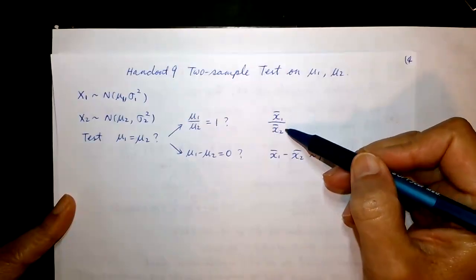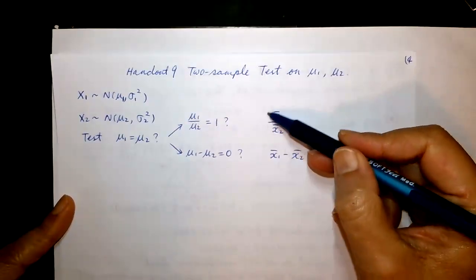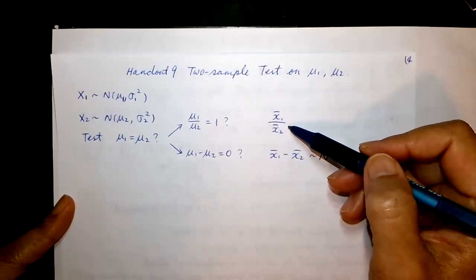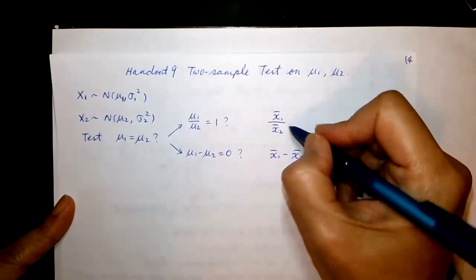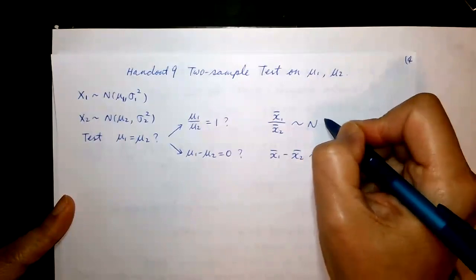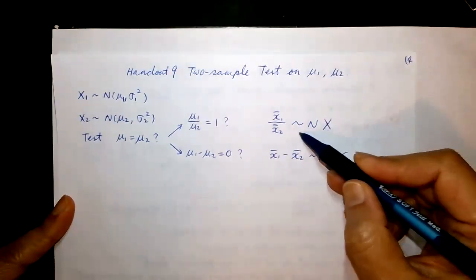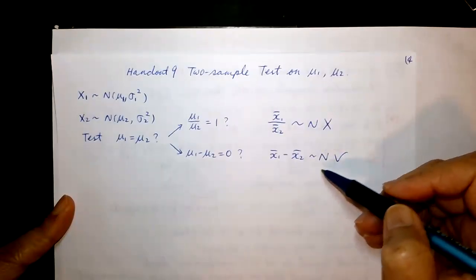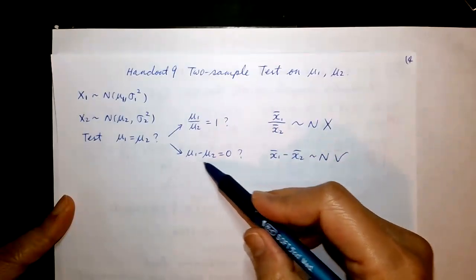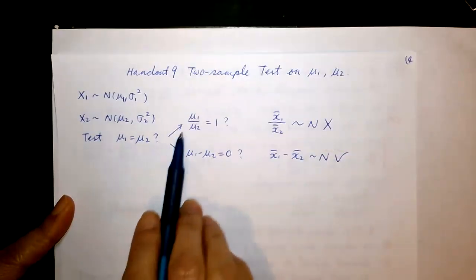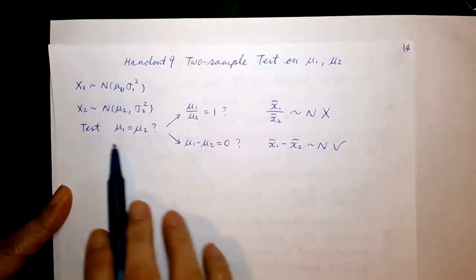We will know that this would follow a normal distribution. However, this is not linear. This is a nonlinear function of normal variables. It's not normal, okay? This is not normal, this is normal. That's why this is a better way to do our test.